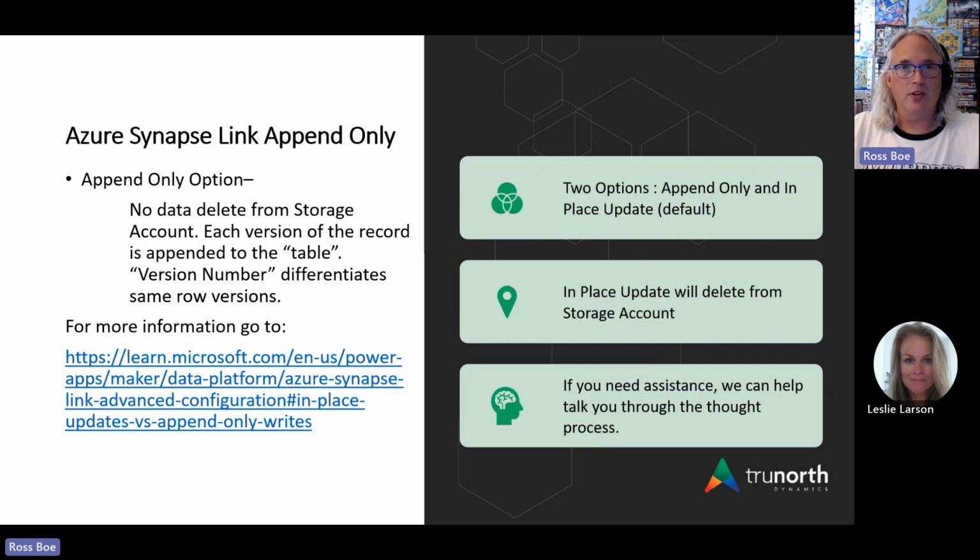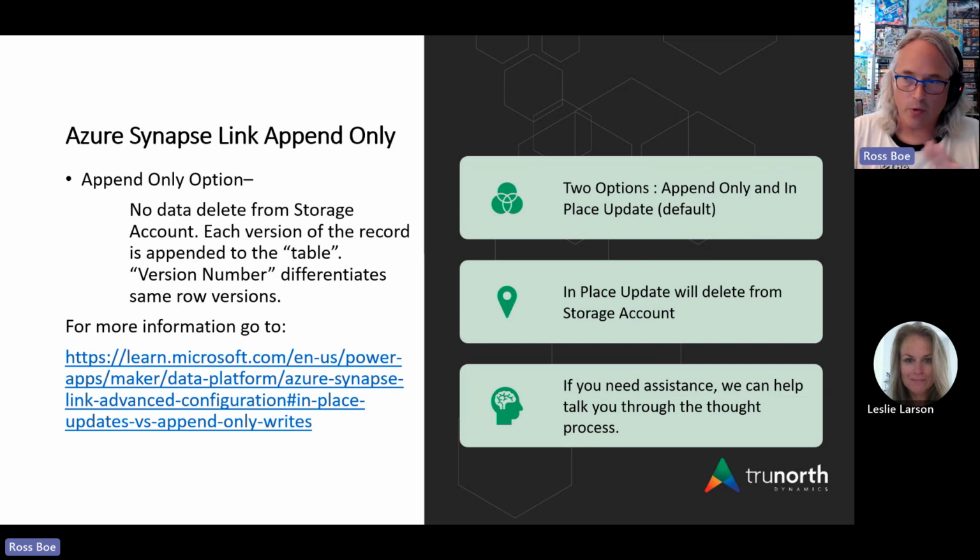If it's updated, there's now another row in the storage account, and every update will create a new row. If I have in place update, then that one row is just updated. When it's deleted with append only, there's a flag that is put on the row called is deleted, but it's only going to mean the last version of that row, not all of them, just the last version. If it's deleted with in-place update, the row is actually deleted from the storage account.